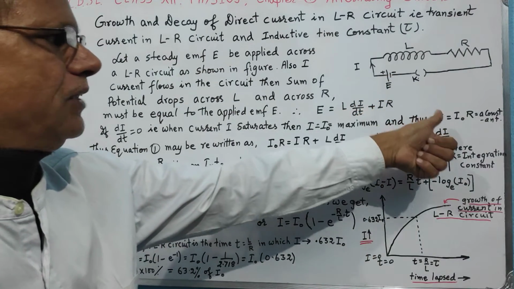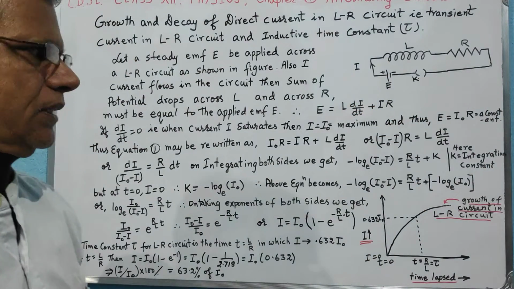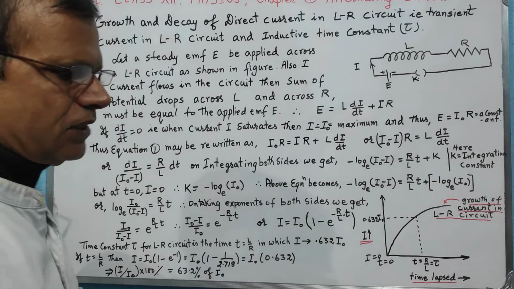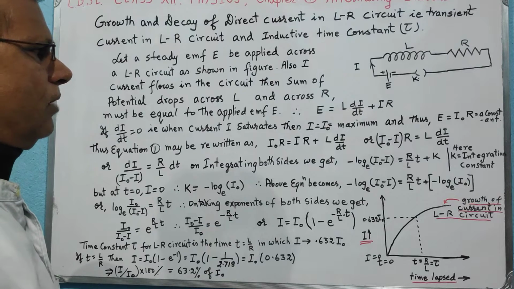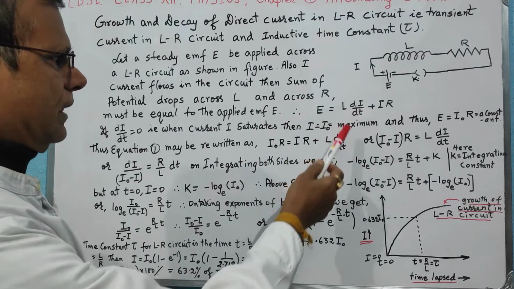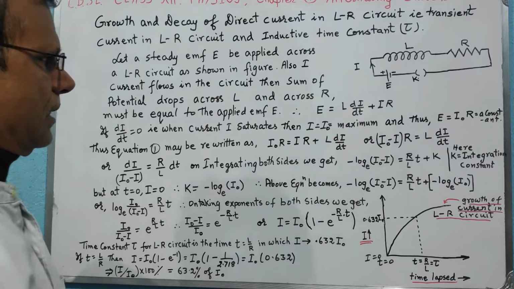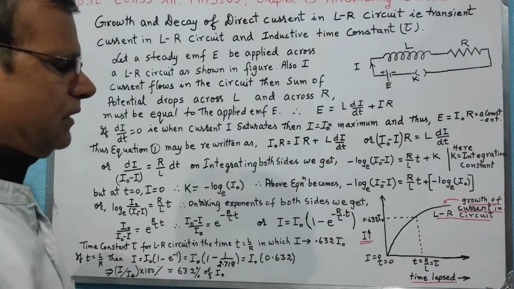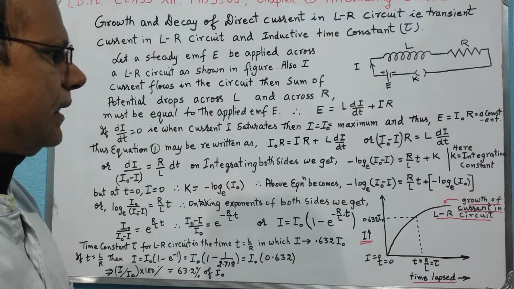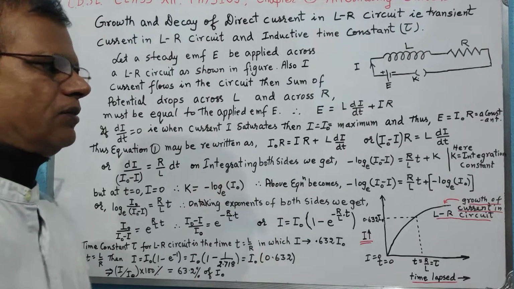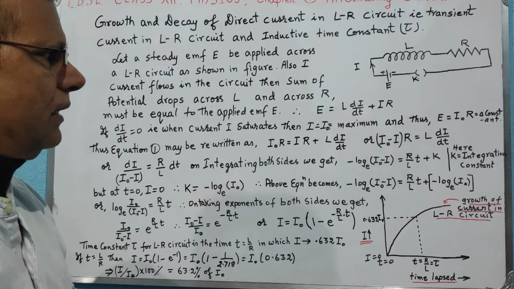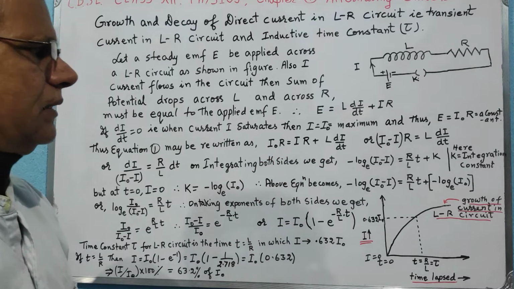Now the applied EMF is constant, so this is a constant. If we rewrite this equation, we see that I0 R for the EMF is equal to IR plus L di by dt, where I is the instantaneous current in the circuit, I0 is the saturation current, L is the inductance of the coil, and R is the resistance in the circuit.